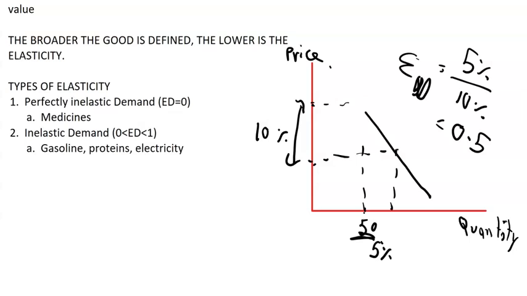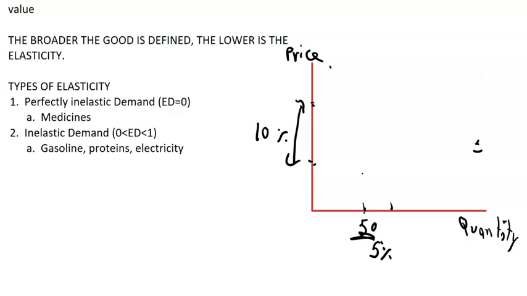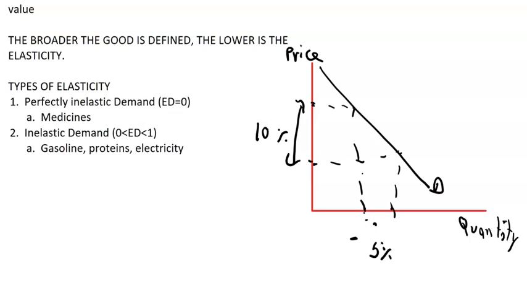The third one is going to be unit elastic. Unit elastic is where quantity and price change in the same proportion. So if price changes by 10%, quantity will also change by 10%.